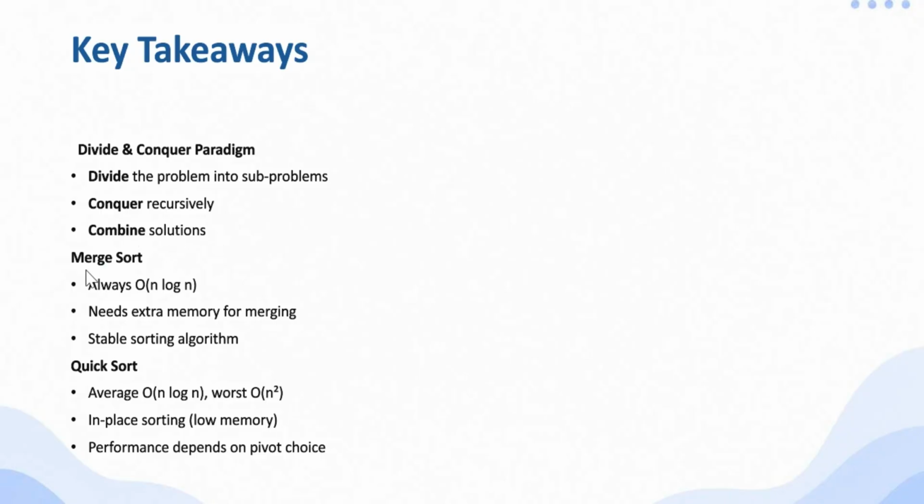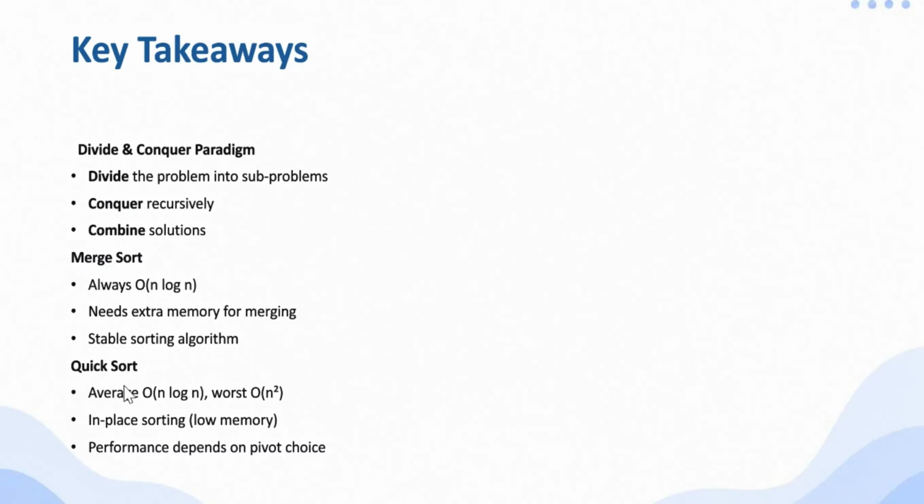For merge sort, remember that it always guarantees a time complexity of O(n log n) regardless of the input, right? It is a stable algorithm, meaning equal elements keep their original order. However, this comes at the cost of requiring additional memory during the merging process, right?